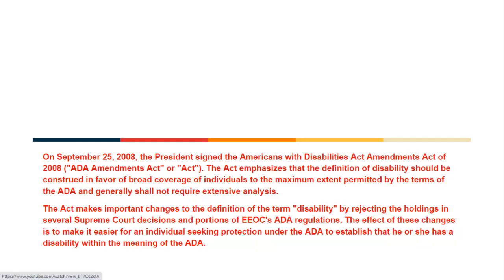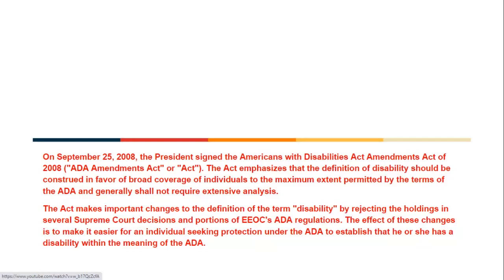The Act emphasizes that the definition of disability should be construed in favor of broad coverage of individuals to the maximum extent permitted by the terms of the ADA, and generally shall not require extensive analysis.